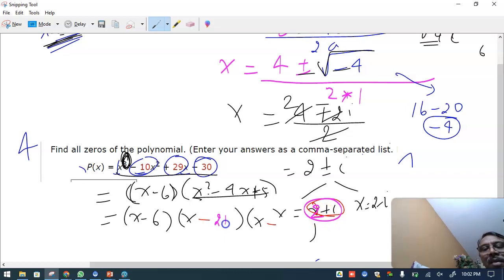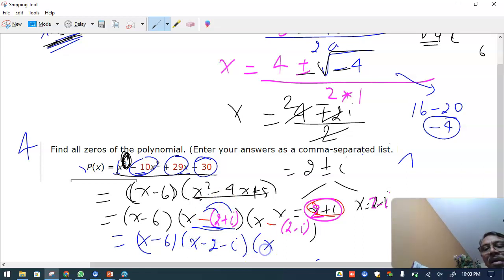So that's 2 plus i, and the other one is 2 minus i. And then we can't keep it like that, so it should be x minus 6. And when you open this, using the distributive property, it will become x minus 2 and minus i, and the other one is minus 2 and plus i. So this is the complete factorization.